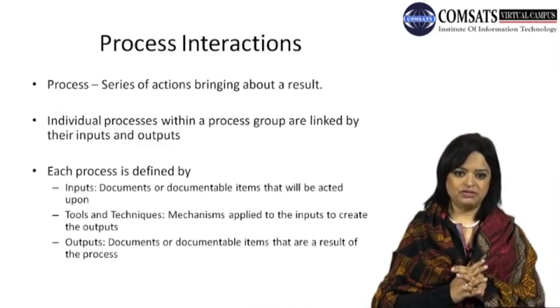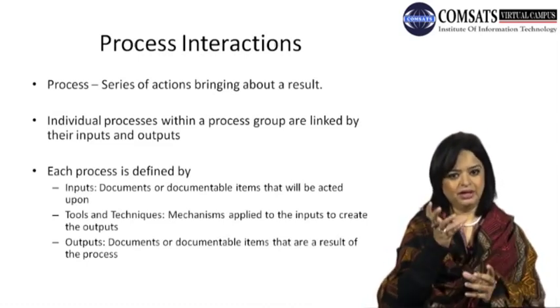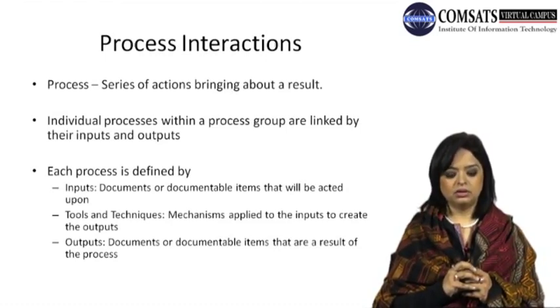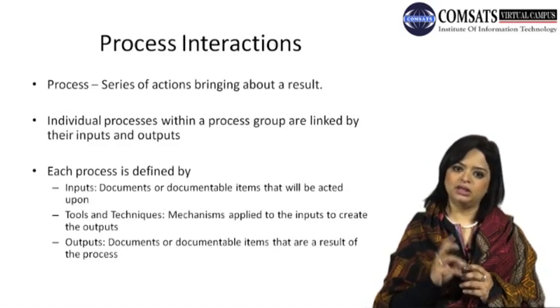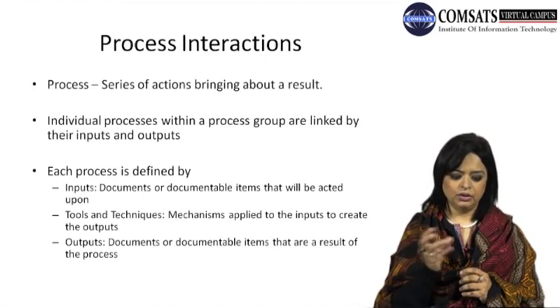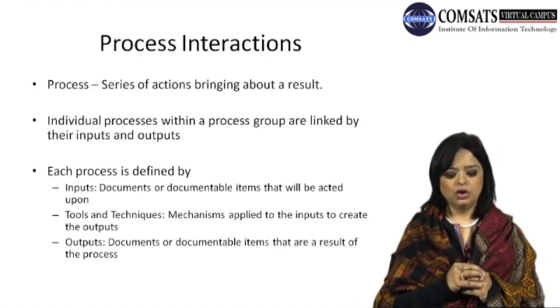So each process is defined by the input, documents or documentable items that will be acted upon, tools and techniques, mechanisms applied to the inputs to create those outputs. And ultimately, we are all trying to get to the output, which are documents or documentable items that are a result of the process.